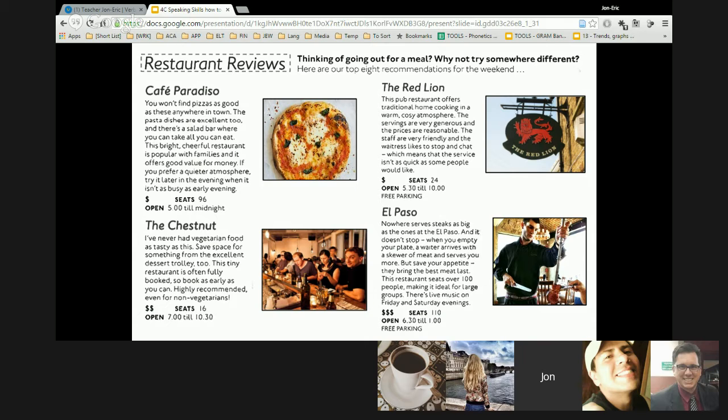And V, how do those three compare with El Paso? Yeah, with El Paso, this is served as steaks, and it is suitable for a large group. There is also live music on Friday and Saturday evening.